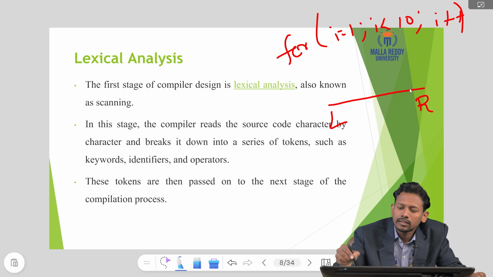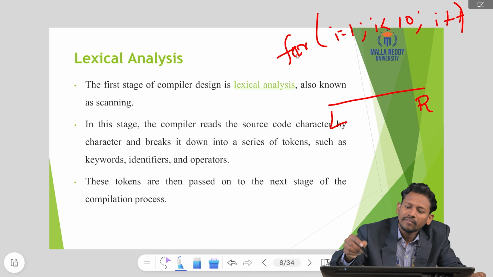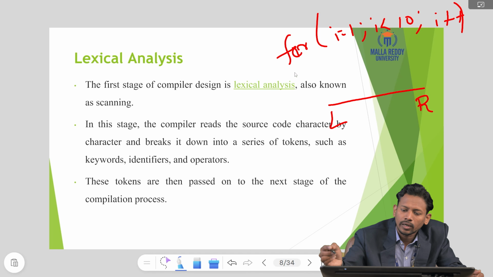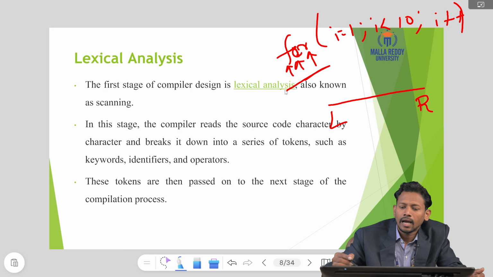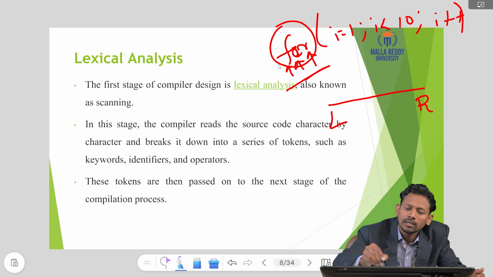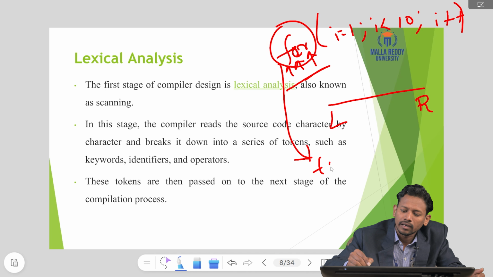It reads the given instruction from left to right. First it reads the character f, next the character o, and next the character r. Immediately it understands that it is a reserved word, and this reserved word will be saved as a token, also officially called a lexeme.